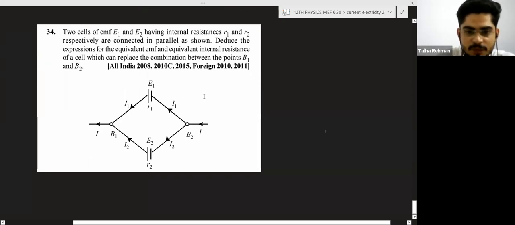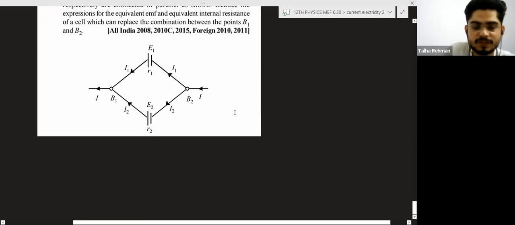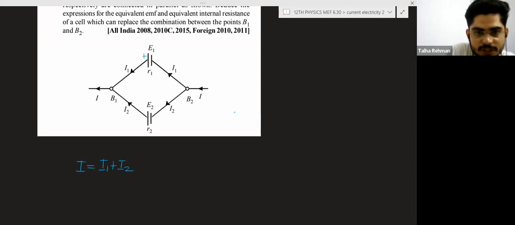So now first see here. This I is dividing into I1 and I2. So first write the equation of current. I is equal to I1 plus I2. Now this is positive, this is negative, this is positive, and this is negative.